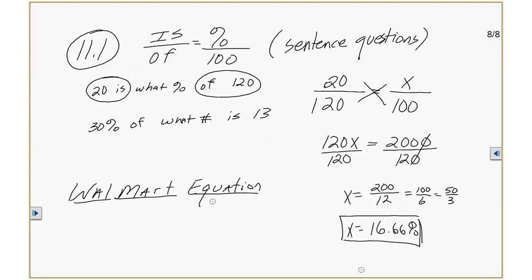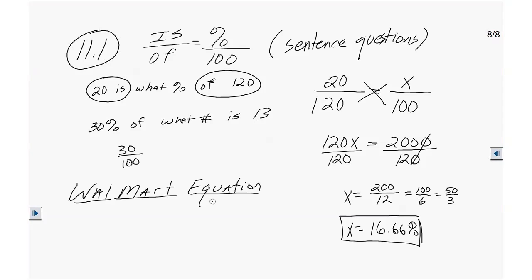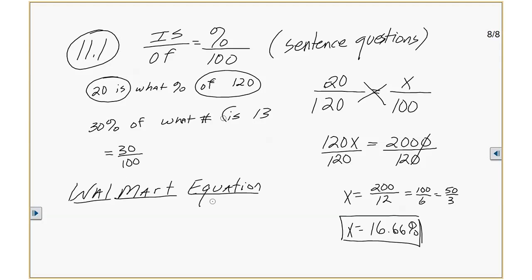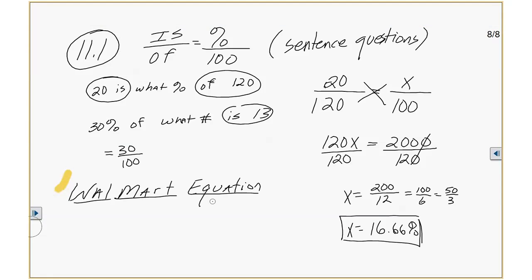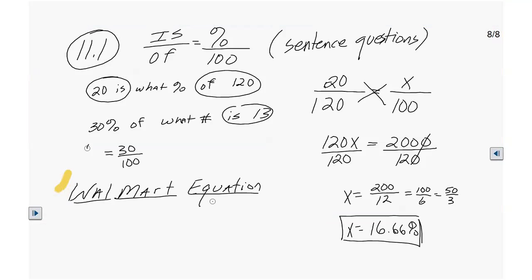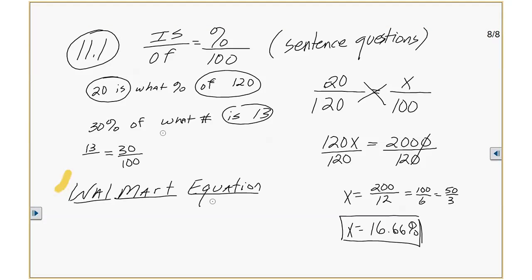30%. Well, that goes in the 30 slot over 100. Is 13. So I'm sorry, I just messed that up. And of is what?